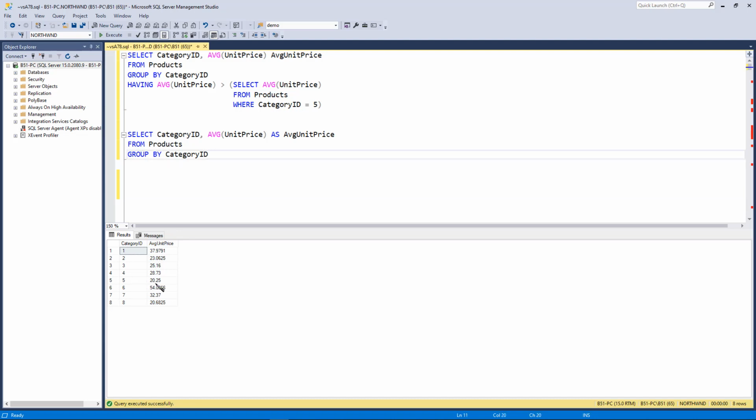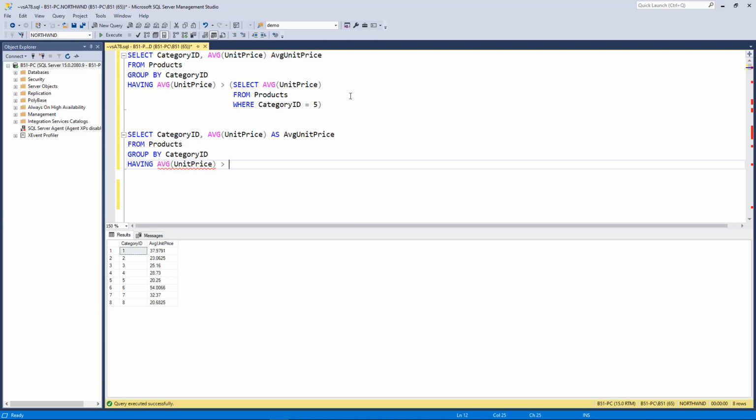What is the average of category 5? It's 20.25. Now if we want to filter an aggregated function, we use HAVING average unit price. We want to filter the aggregate. Remember, after HAVING we must insert an aggregate field: average, count, max, sum, and so on.